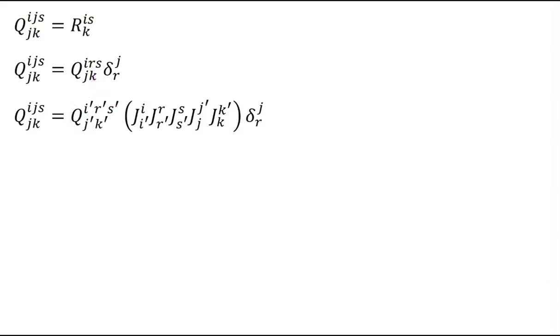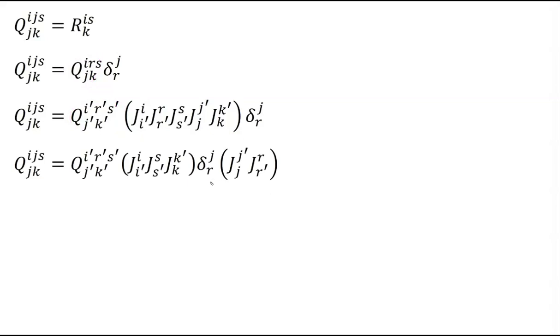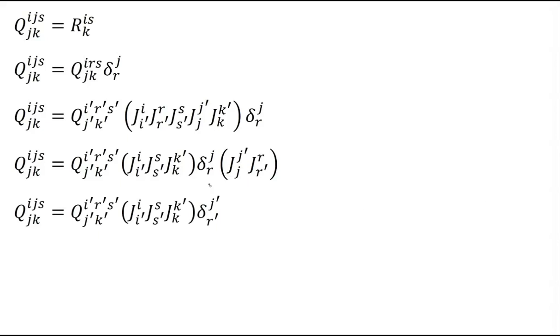Now we're going to rearrange the Jacobian factors. We take two of them to pair up with the delta factor here because that's what we'd use to transform to the prime coordinate system. So it now looks like this. This transforms to this. And now the r prime index is absorbed, giving us this result.